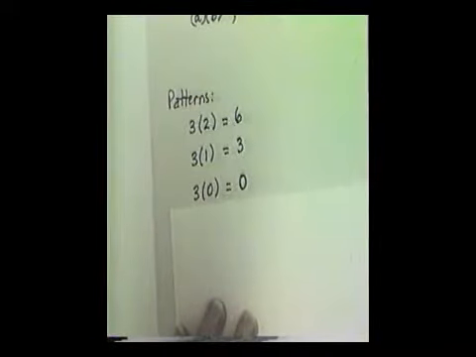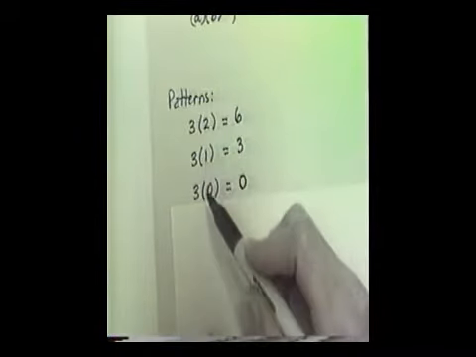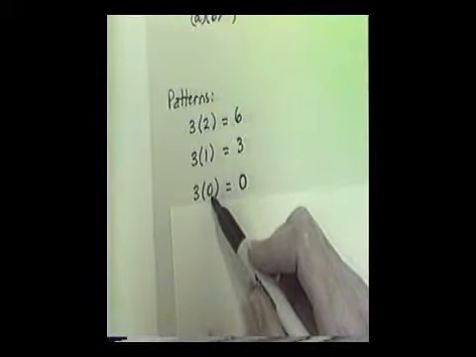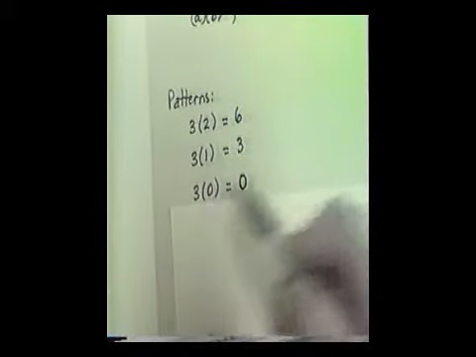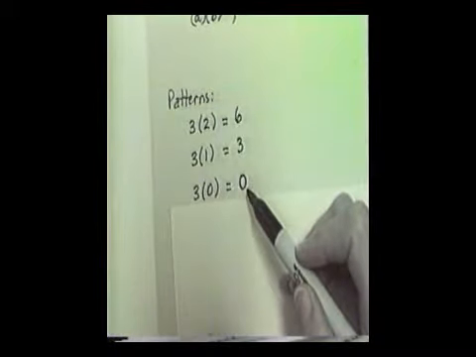Notice the pattern that we're getting. 3 times 2, 3 times 1, 3 times 0. The second factor is going down by 1. The answers, 6, 3, and 0, are going down by 3s.